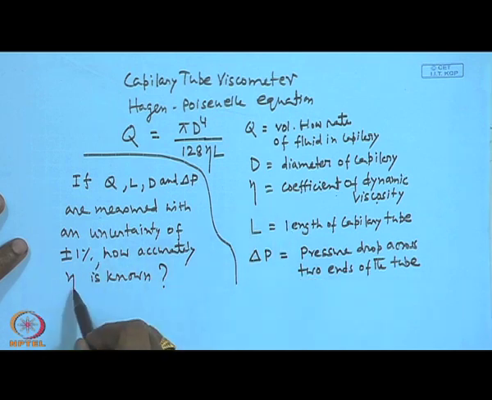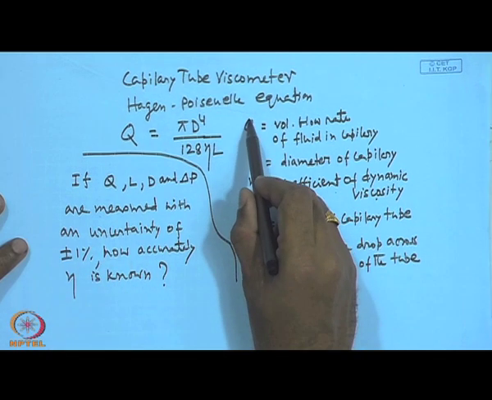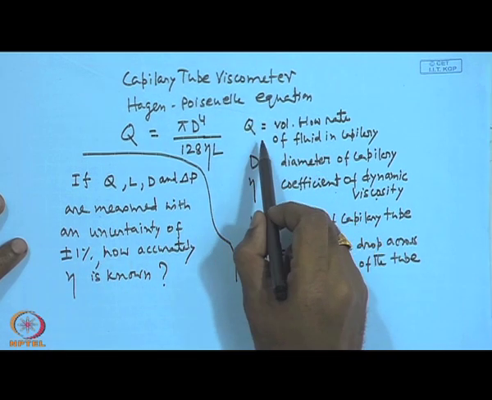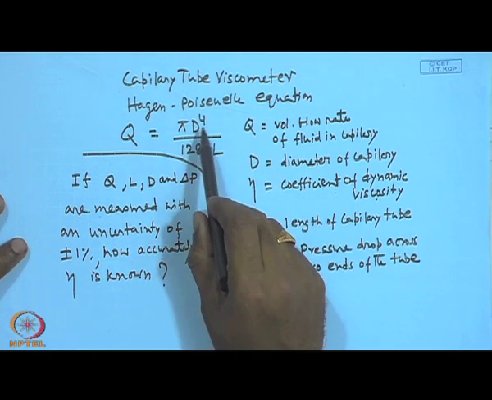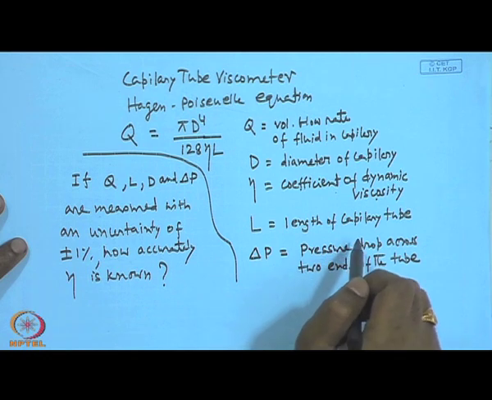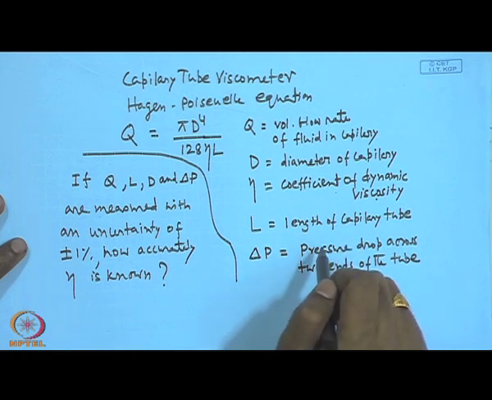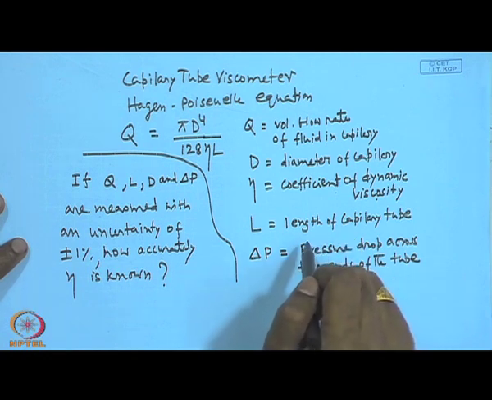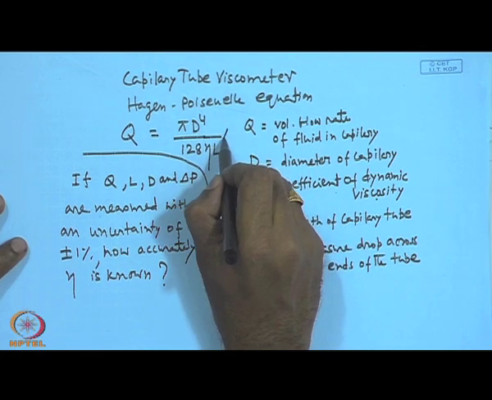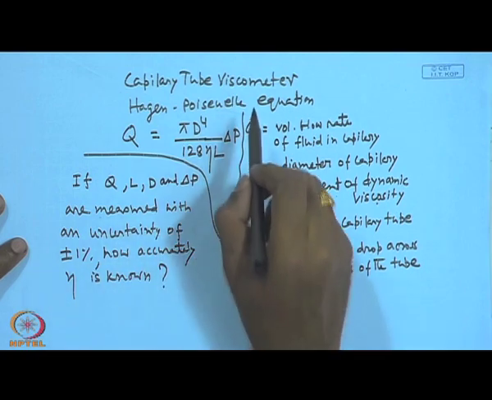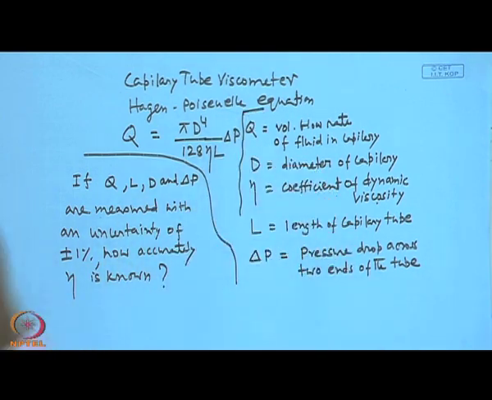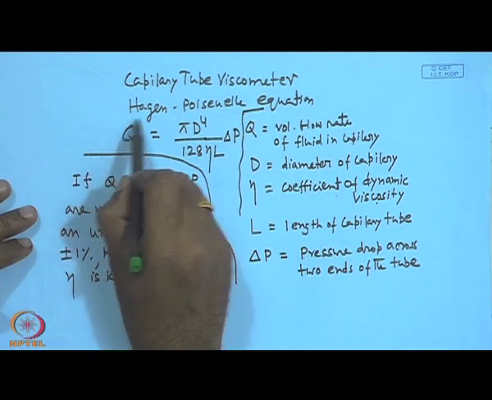To determine eta, we must have the knowledge of volumetric flow rate of the fluid in the capillary, the diameter of the capillary and the length of the capillary tube, as well as the pressure drop.